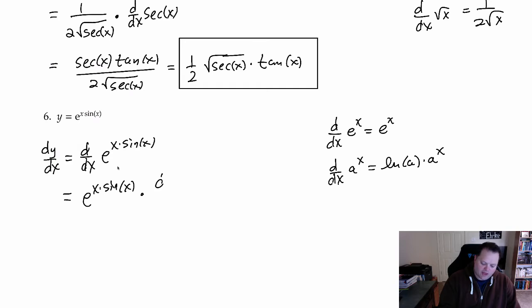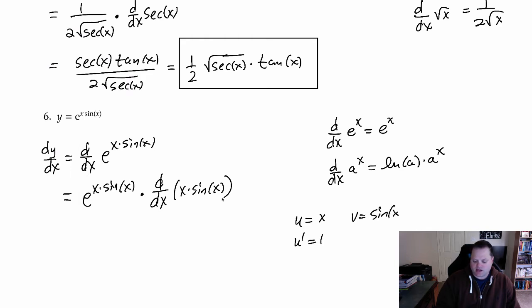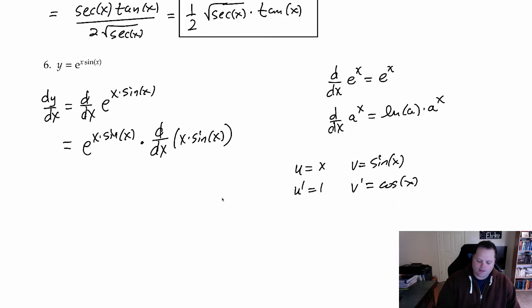But then I have to multiply by the inner derivative, which is going to involve product rule. So come over here to the side, my u is x, so u prime is 1. My v is sine, so v prime is cosine. And so u prime v plus u v prime is what we would have, which would be 1 times sine plus x times cosine.